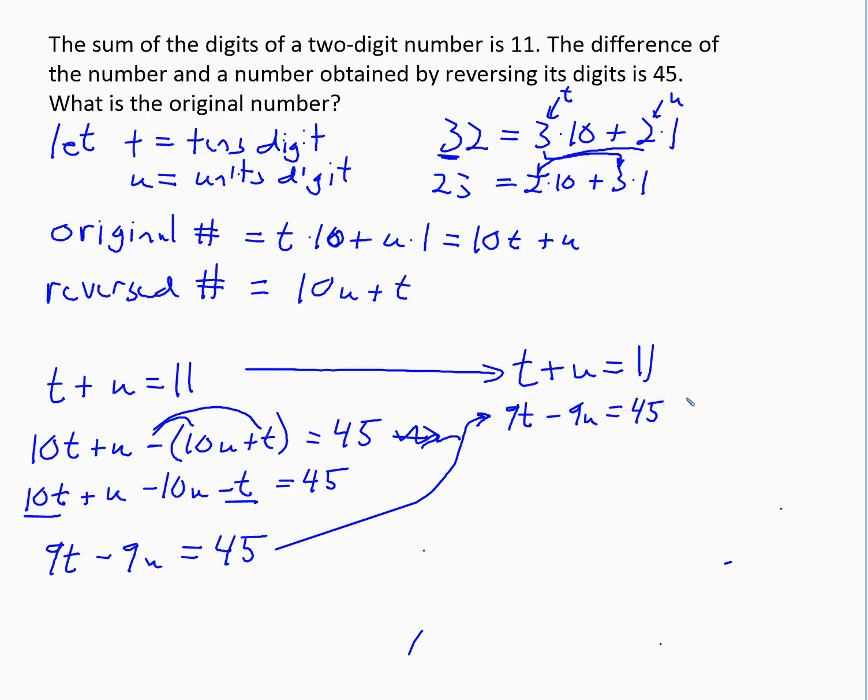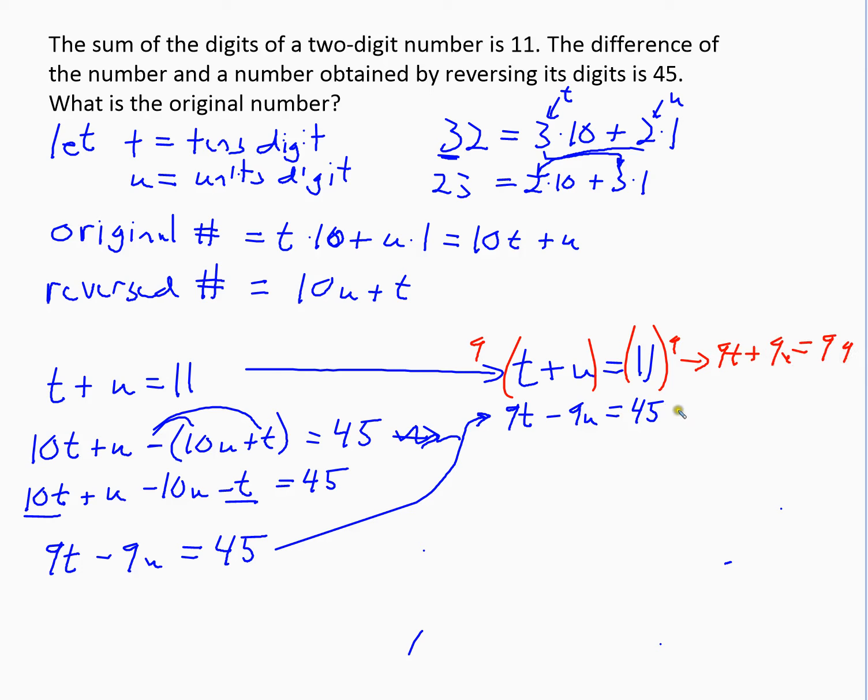And this one looks nicely set up to use elimination. We can go ahead and multiply the top one by 9 on both sides. I will say we could have divided the bottom one on both sides by 9. That's another thing you could do. So over here we get 9t plus 9u equals 99.